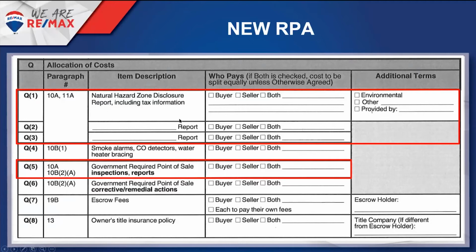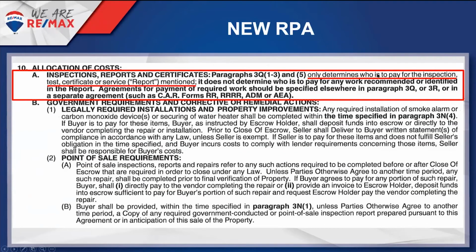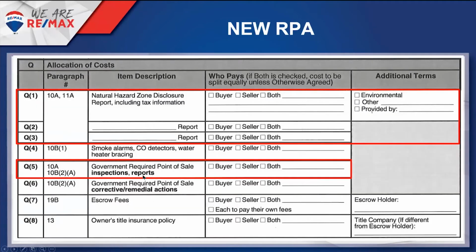So 3Q only determines who pays for the inspection report. It does not specify who pays for work necessary in Q1, 2, and 3 or Q5, who pays for any work the report requires, commonly like the termite report.